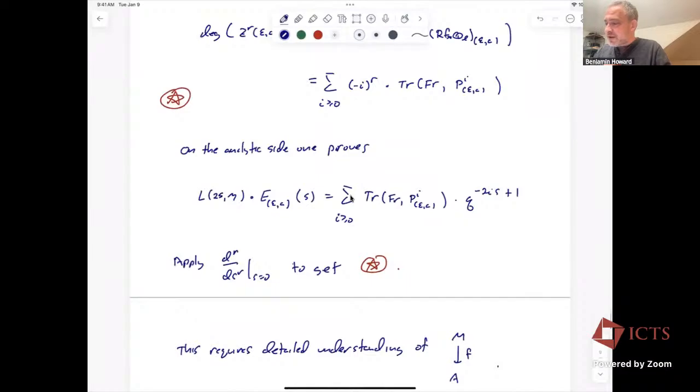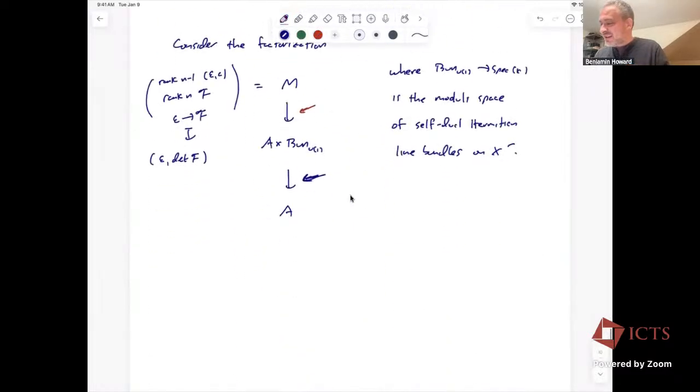The first question is, how are we ever going to get a Dirichlet function to appear in the geometry of the Hitchin fibration? It's in this Bun U_1. So in fact, this Dirichlet function is the alternating sum of the trace of Frobenius acting on the cohomology of Bun U_1.